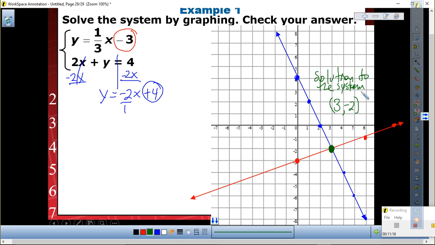Because if you substitute the values in the equation, then it'll be able to do the same thing. Okay, close. It says, solve the system by graphing. We just did, and we said that that's the solution. Why? Because that's where the two lines intersect.